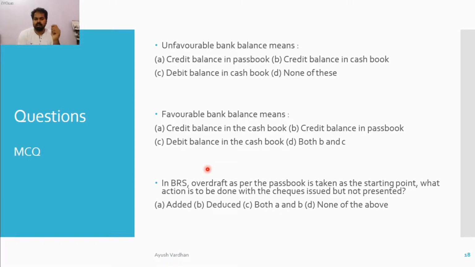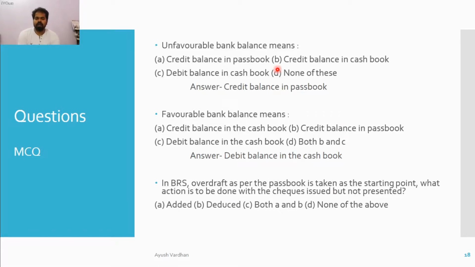It is a credit balance in the passbook. You have to be very clear about that. You have a credit balance in the passbook. A favorable bank balance means a debit balance in the cash book.